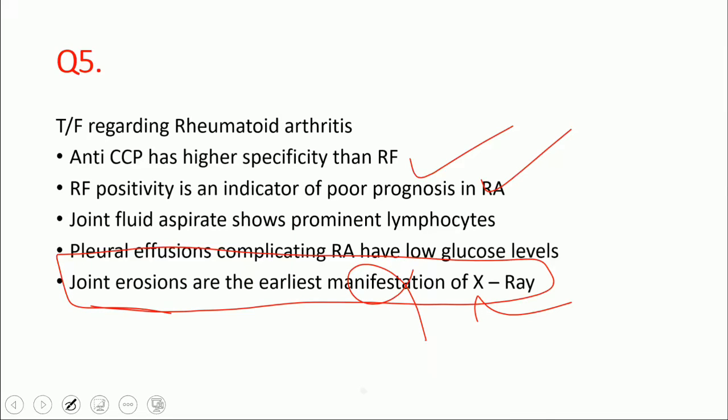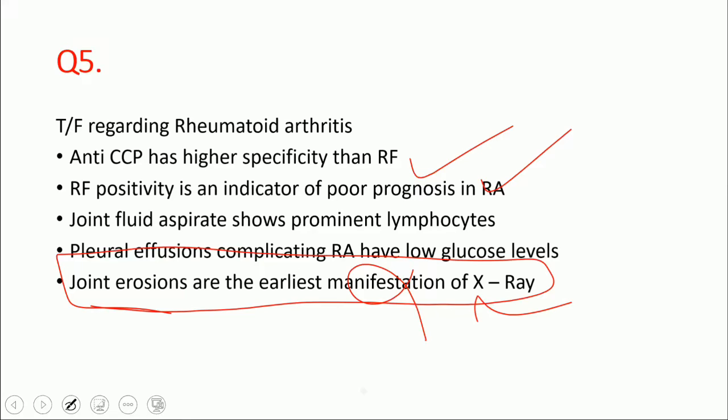Now, finally, say if you have an involved joint, especially sometimes you can have joint sclerosis, osteopenia, what am I saying? So periarticular osteopenia, right? So slight widening of the joint space with periarticular osteopenia, right? Those are the earliest changes.